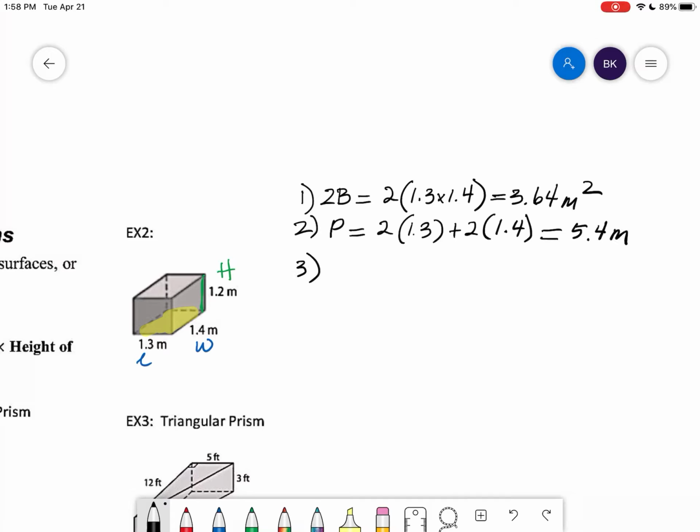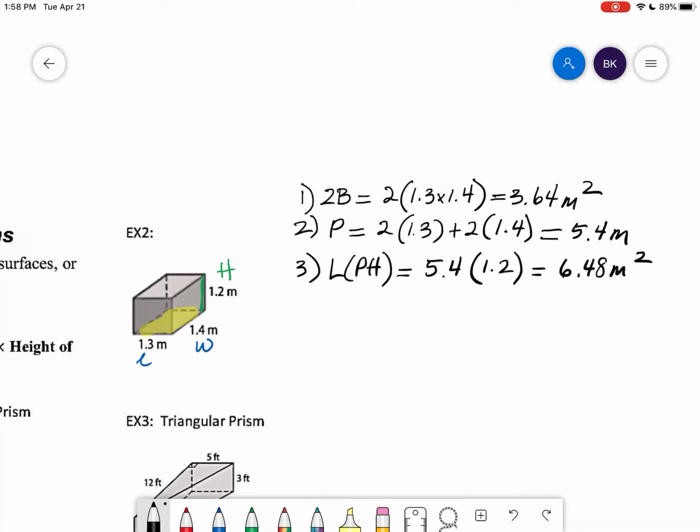The third step is to find the lateral area, or PH, and that is perimeter, which is 5.4, times the height, and that is 1.2, and that should give me 6.48 meters squared.